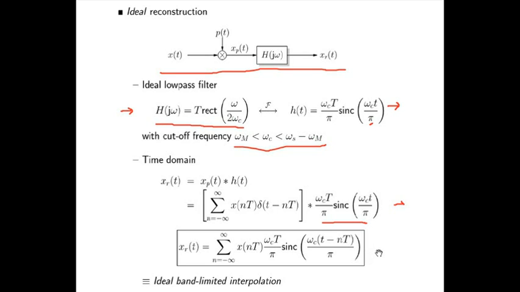But I suggest that you memorize these equations in the sampling unit, because memorizing them will help you solve the questions very easily. This time domain interpretation of the reconstruction is called ideal band limited interpolation.